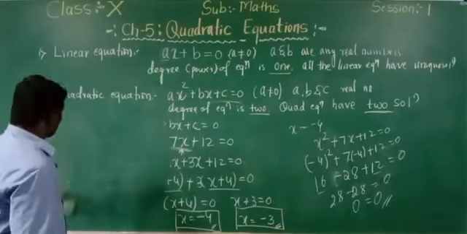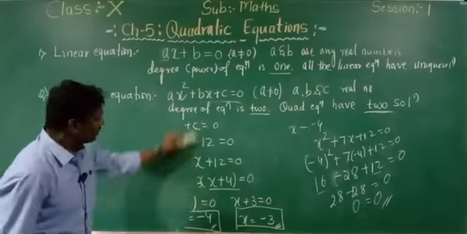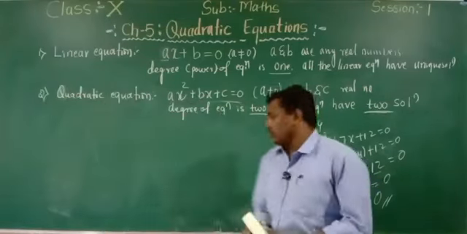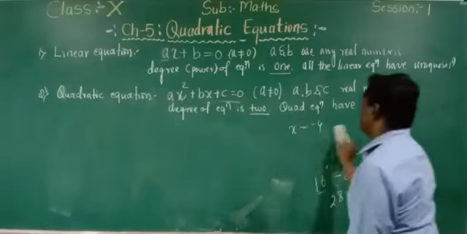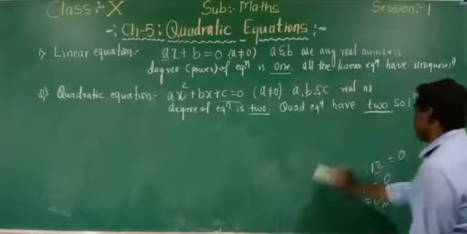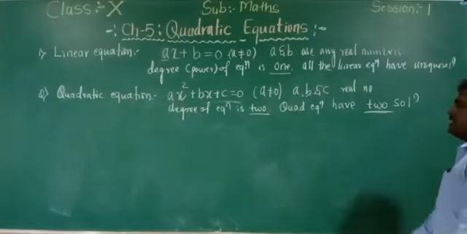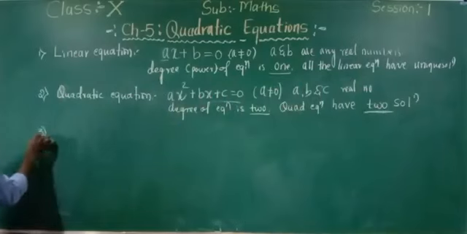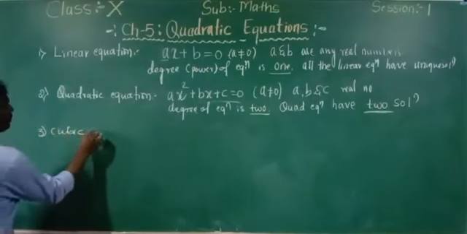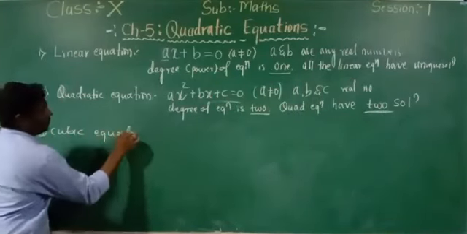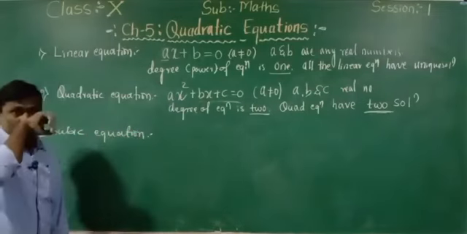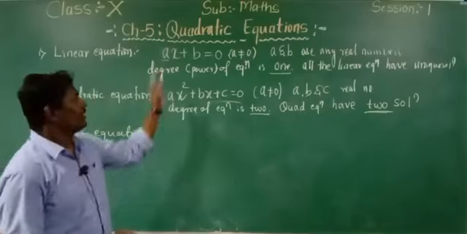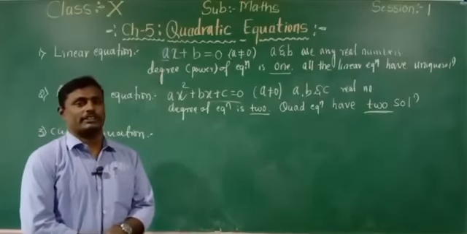Next, move to the third type of the equation, that is cubic equation. So cubic equation means, now we are getting some ideas about the linear equation and quadratic equation.